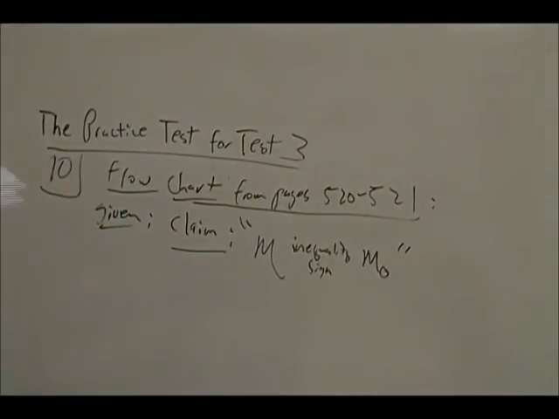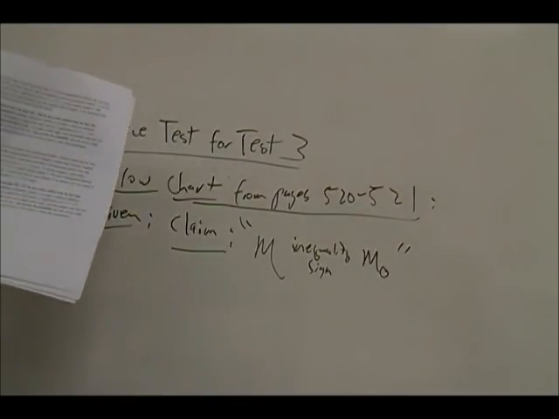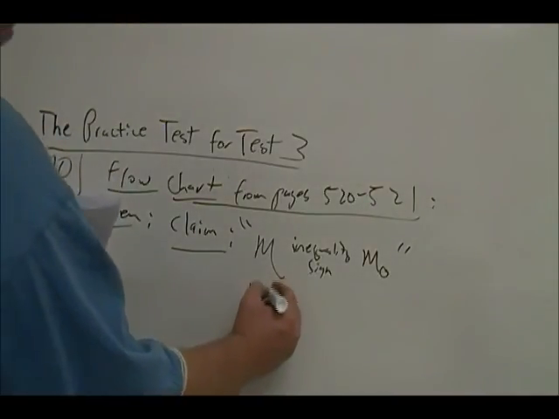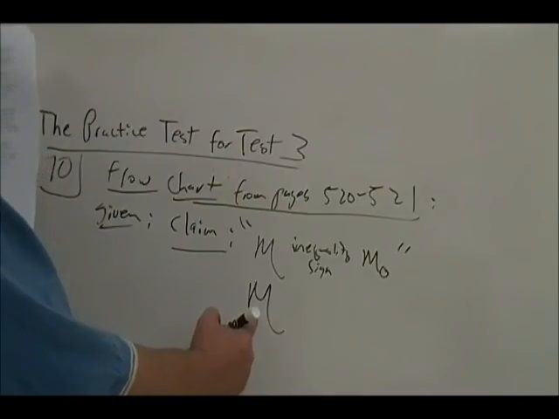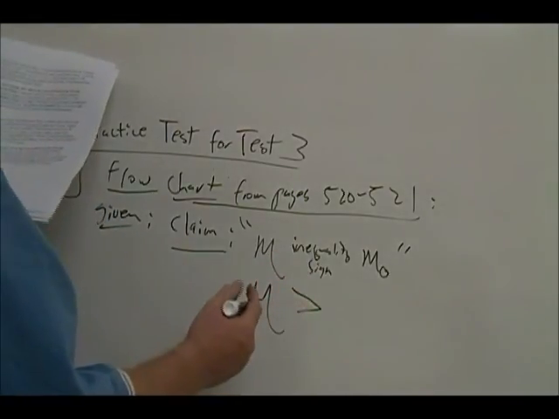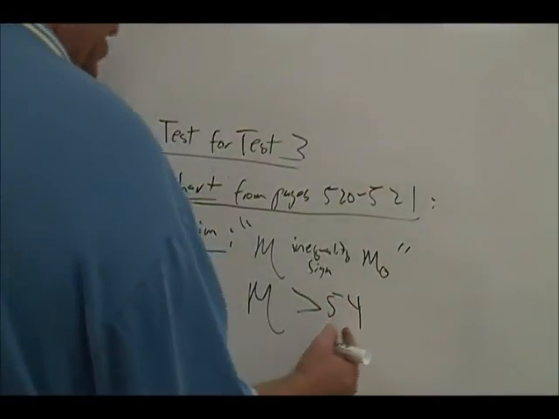Well, it says, suppose a certain company that manufactures AA batteries claims that the mean lifetime of a single battery manufactured by that company is greater than 54 hours. Greater is a greater than sign. So we're claiming the mean lifetime of a single AA battery is greater than 54 hours. So our mu naught is 54.